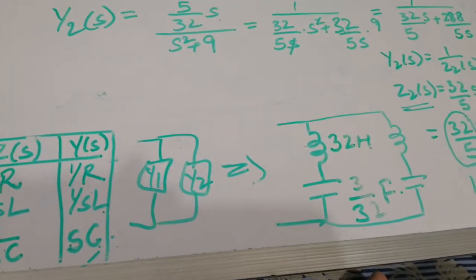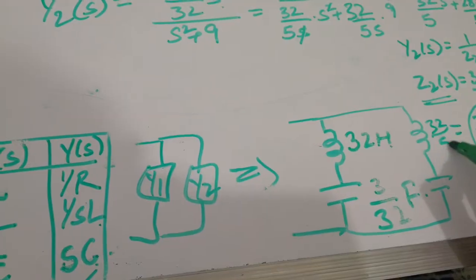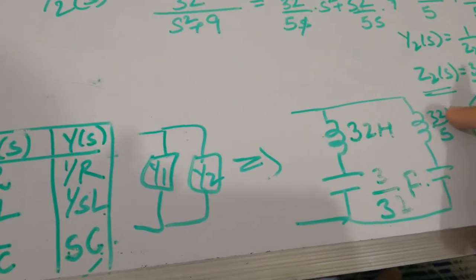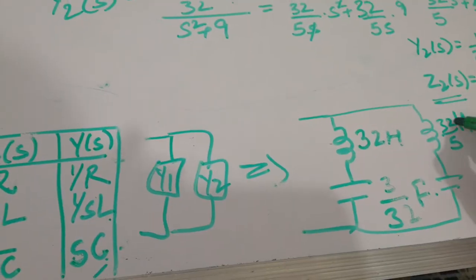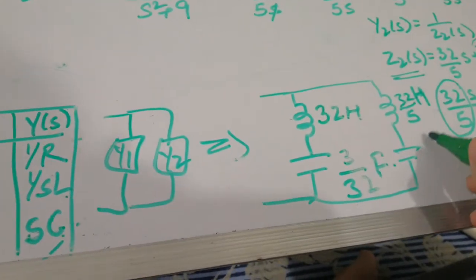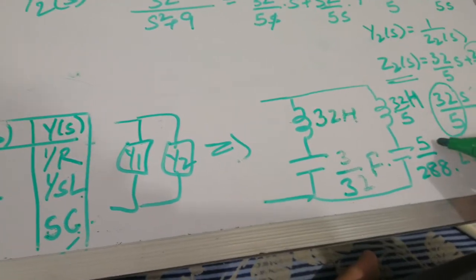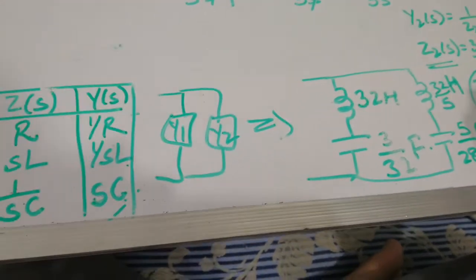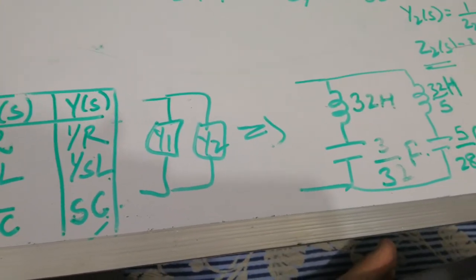This is my 32 by 5 Henries. I should rub this so that it doesn't get confused. 32 by 5, and this is my 5 by 288. Here we have got the final answer and the final structure from the Foster 2 form.